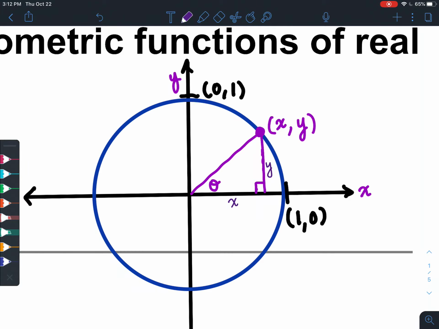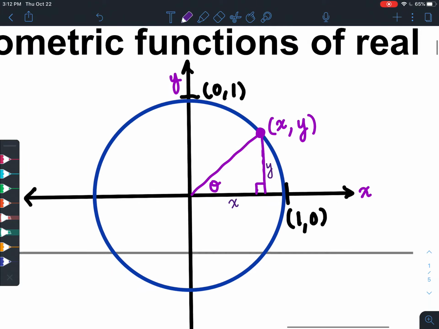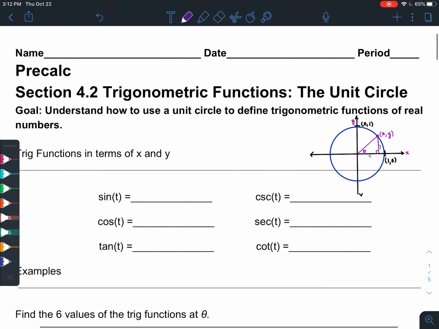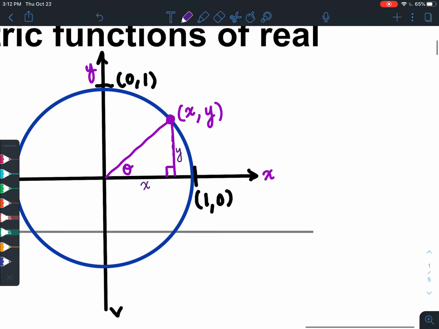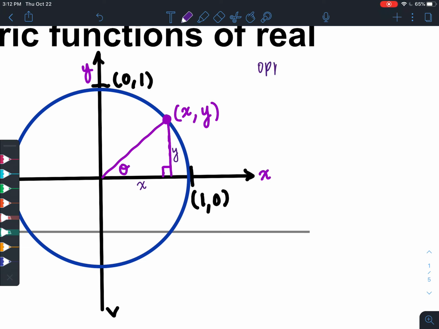Then my sine is always opposite over hypotenuse. So my opposite side of theta is y, and my hypotenuse is just 1 because it's a radius of the same circle.